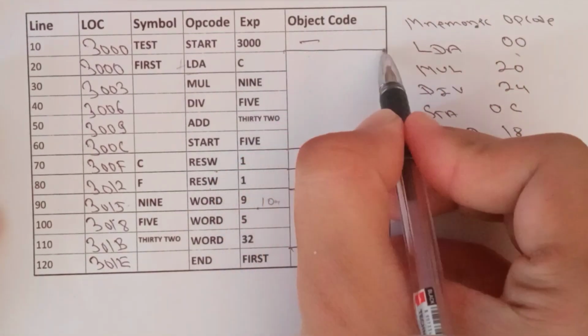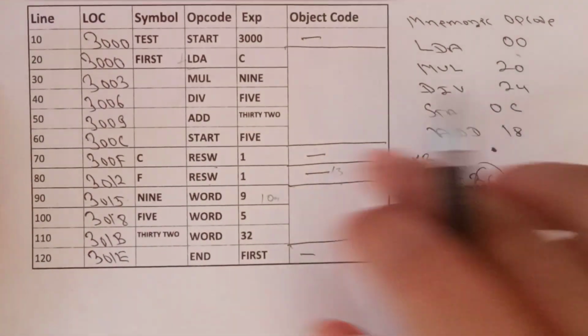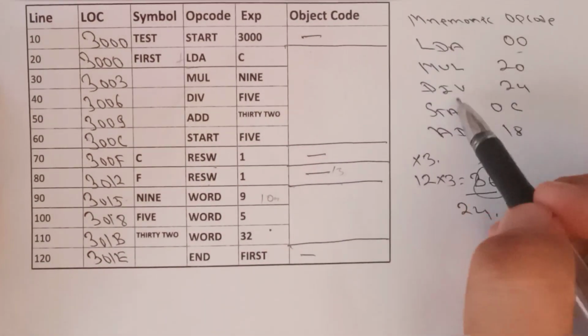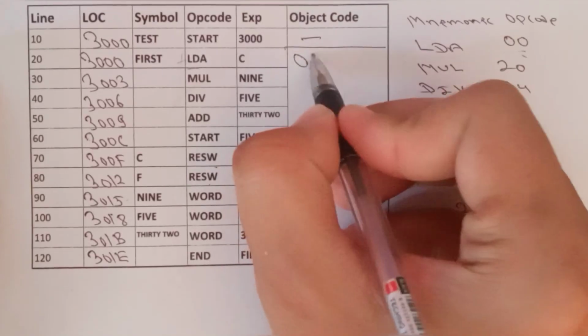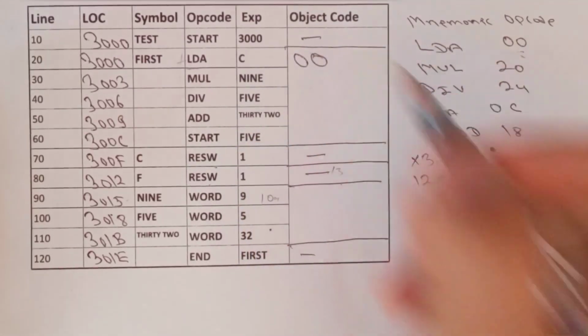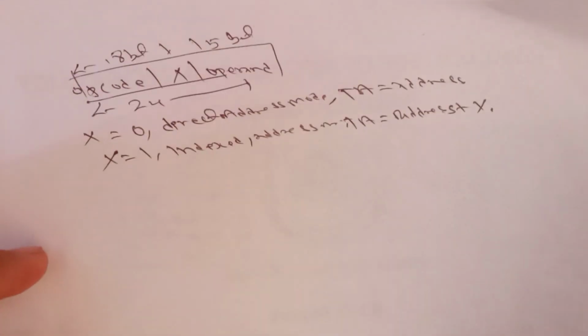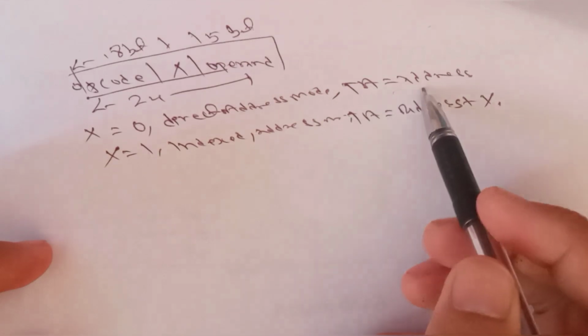Now we have to fill up this section, object code. Now in this section we have LDA, and in the mnemonic LDA means 00. So write 00, and as we have discussed earlier, if X is equal to 0, this means direct address, target address is equal to address only.